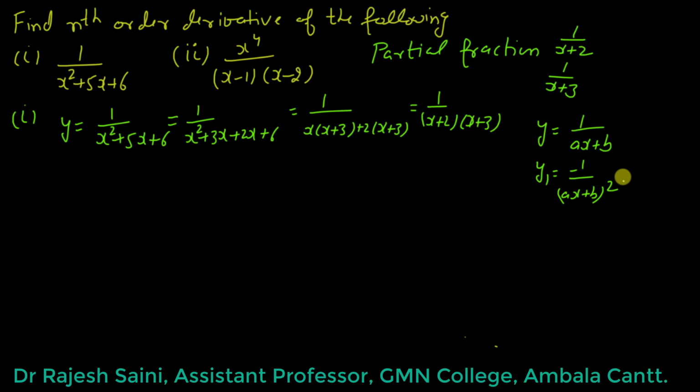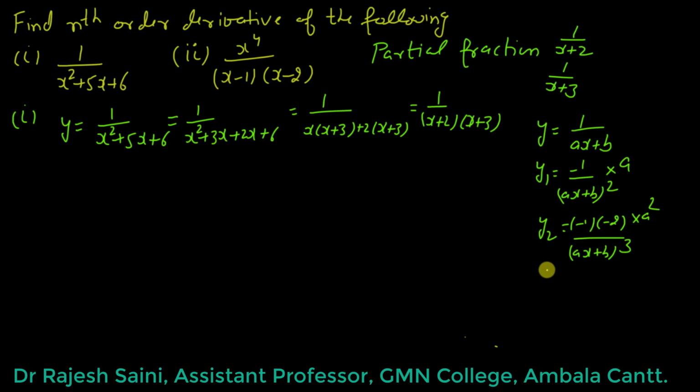Now you can easily find, and in examination you will also show this calculation that I am doing to find the derivative of 1 by ax plus b. This will be minus 1 minus 2 into a square divided by ax plus b raised to the power 3.